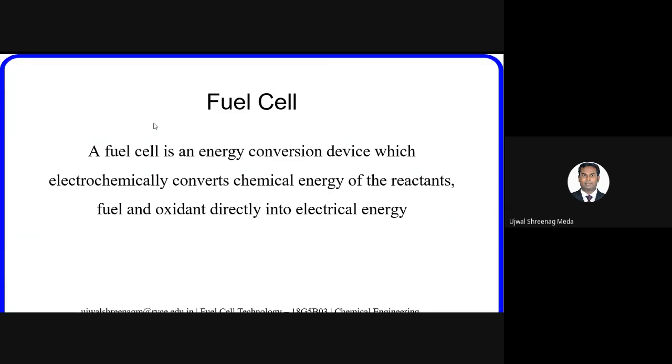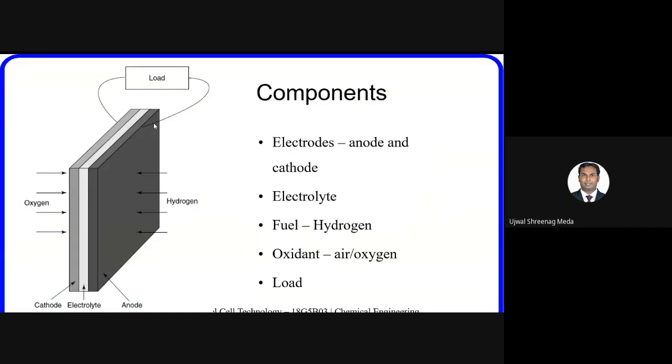To continue further, a fuel cell consists of electrodes, electrolyte, and an external load. The setup is very similar to an electrolysis cell. Fuel, usually hydrogen, is supplied at one electrode, the anode, and an oxidant, usually oxygen, is supplied at the cathode.